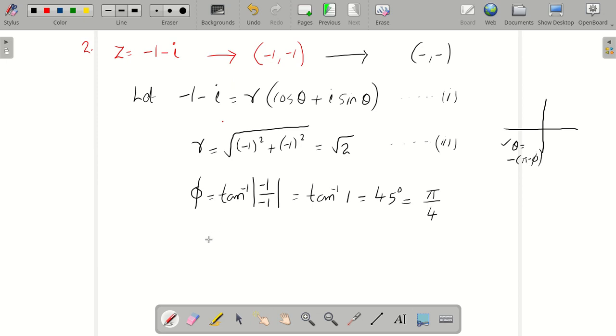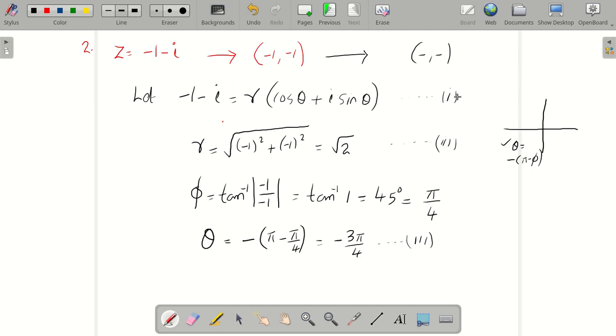So what's the value of theta? It will be minus of (pi minus pi by 4), and that gives you minus 3 pi by 4. So I'll call it equation number 3.